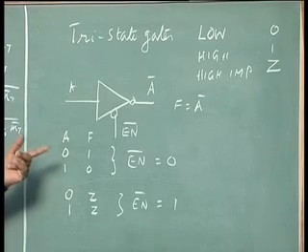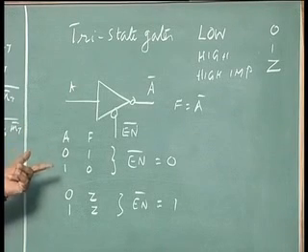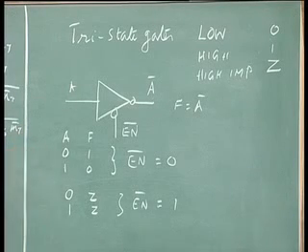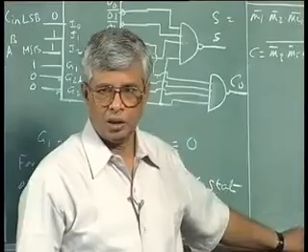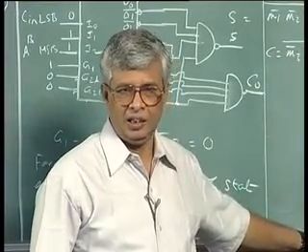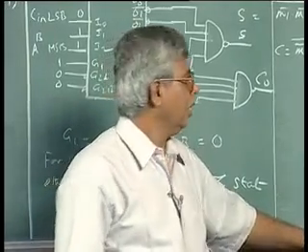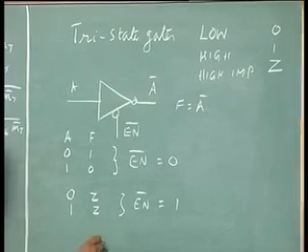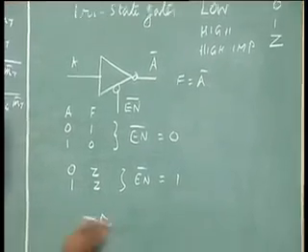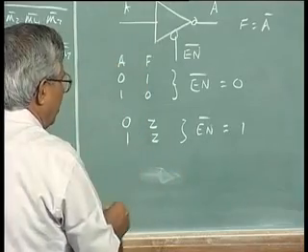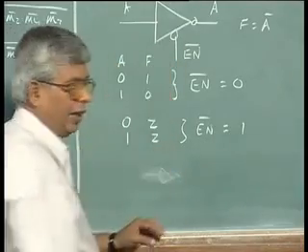Now, this is a very important development in digital hardware. Conceptually there is nothing here, but hardware-wise there is a feature, the third state. I gave the inverter only as an example. The same thing can apply to any gate.